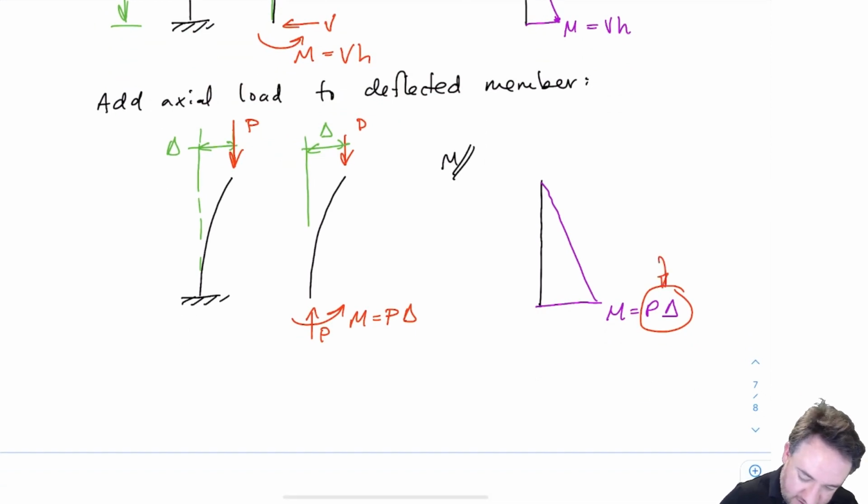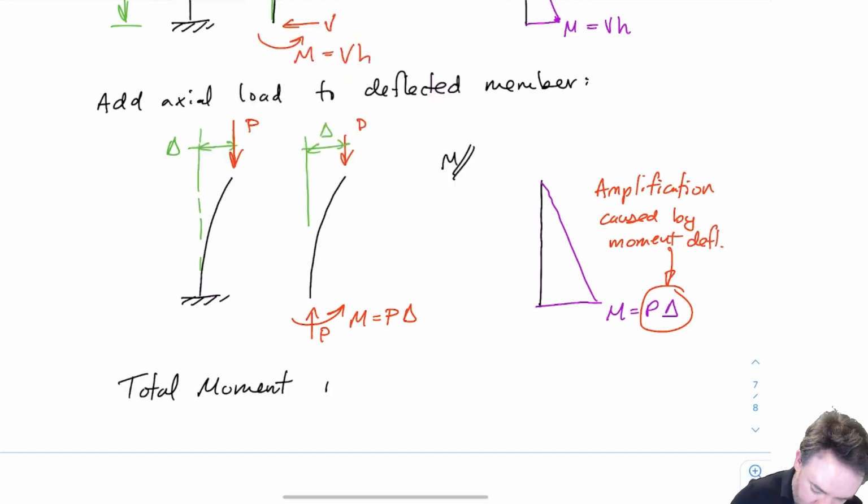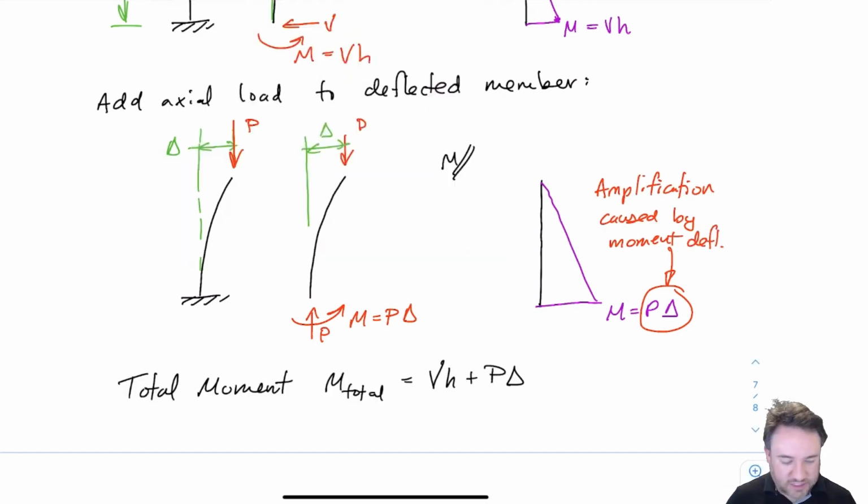So this is basically how much my moment is amplified because of the deflection. So the total moment, sorry, now at the bottom is going to be VH plus this effect, P delta, if I have an axial load on that structure which is being deflected sideways.